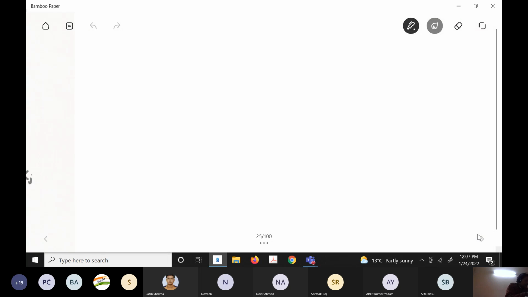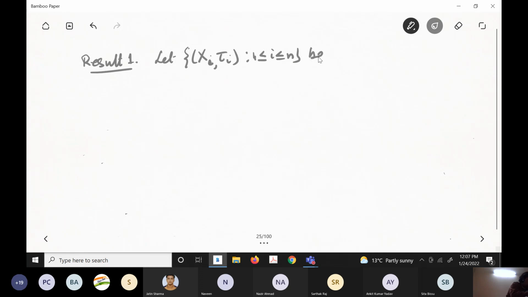So that is result one. Let X_alpha, tau_alpha be a family of topological spaces.